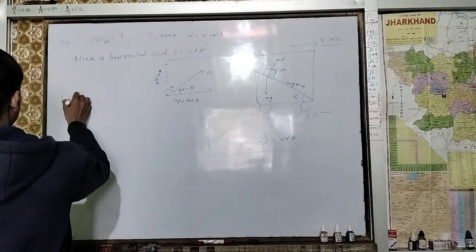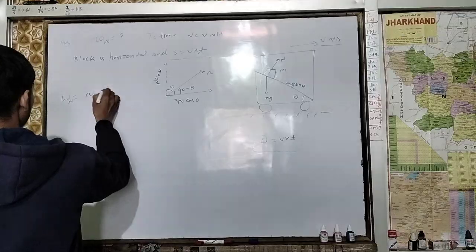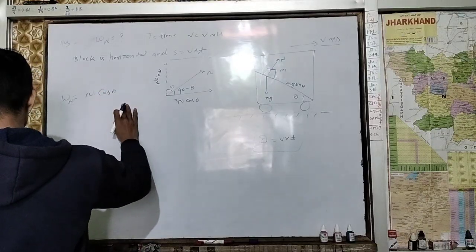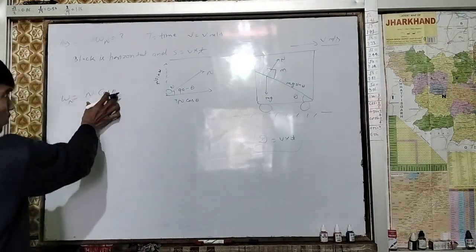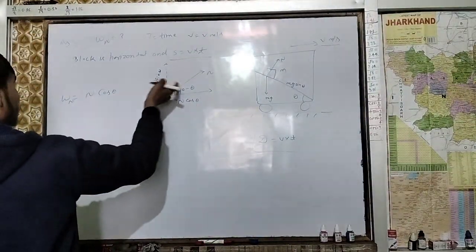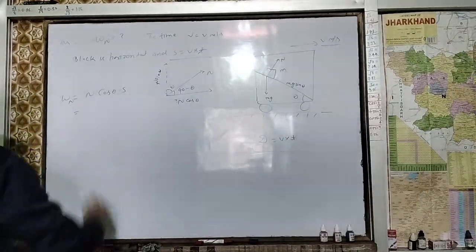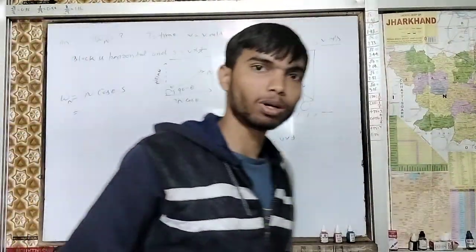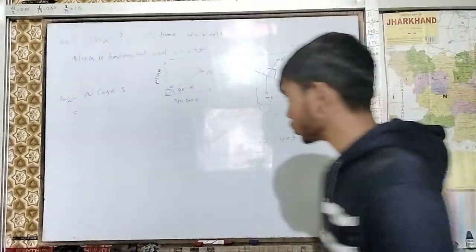So finally, our work done by the normal reaction would be N cos theta, which is a force, multiplied by displacement, which is vt. This is the work done by normal force.